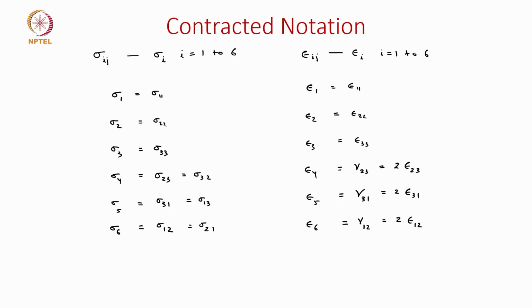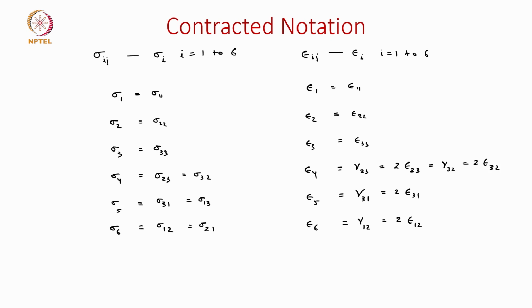Of course, we only showed these 6 strains, but again we can say that this is the same as epsilon 32, which is again 2 times epsilon 32, and so forth for the other 2 components of the strain.